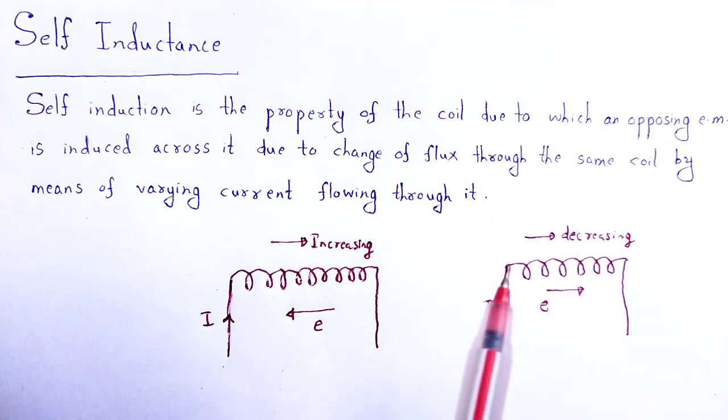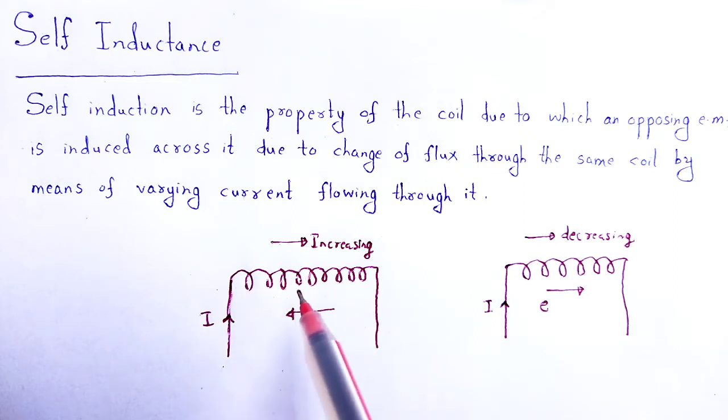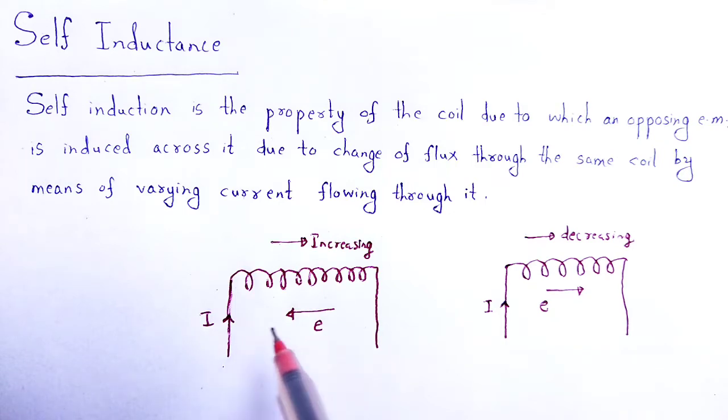Here we found that the magnetic flux linked through the coil is proportional to the current flowing through that coil.